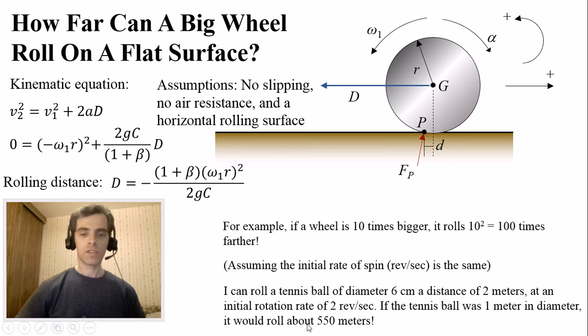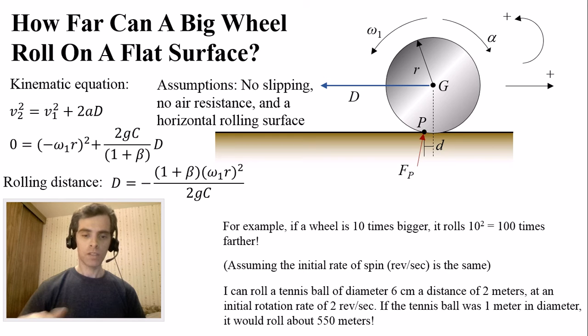So this assumes that the tennis ball is on the ground, and I roll it, and as soon as I release the ball, it's rotating at 2 revolutions per second. So a 6 centimeter diameter ball would roll 2 meters, and a 1 meter diameter ball would roll 550 meters.